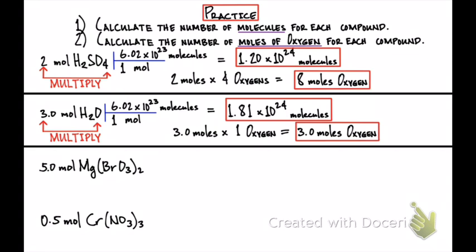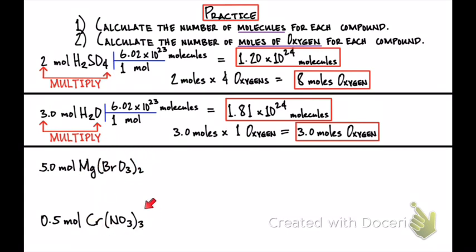And the third problem here, we have 5 moles of magnesium bromate, Mg(BrO3)2, with the parentheses and then outside the subscript 2. So if we're calculating the number of molecules, or in this case, it's actually formula units because this is an ionic compound.